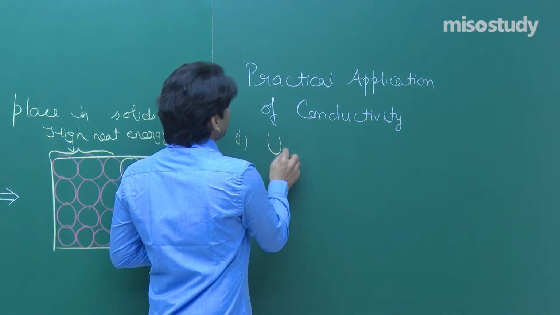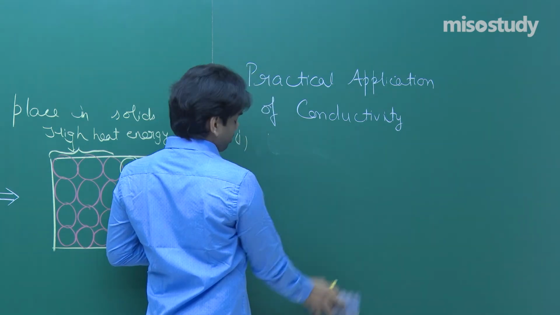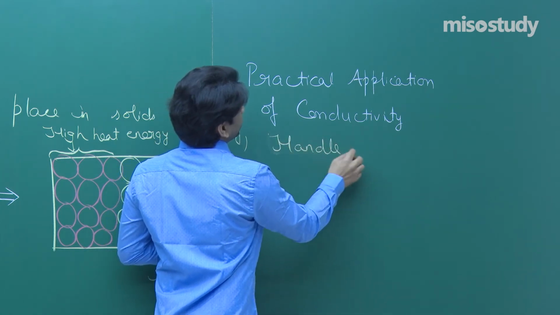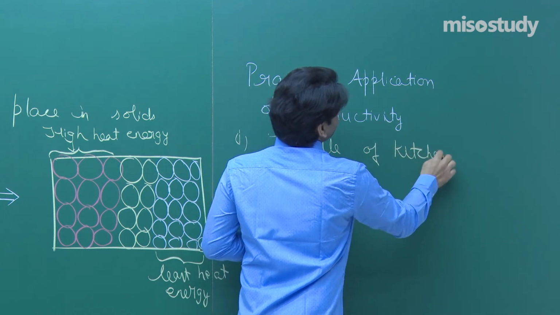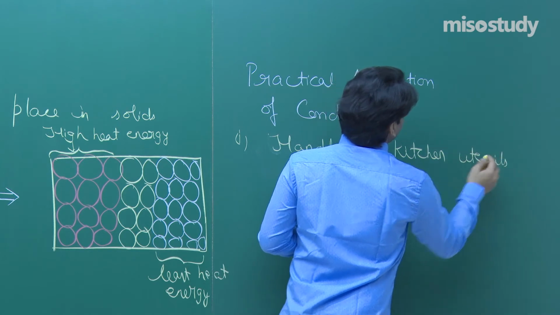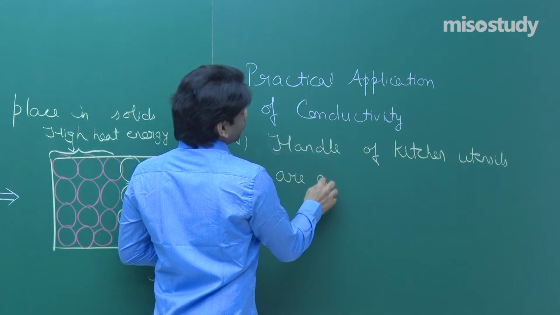Handles of kitchen utensils are made of wood. This is one of the practical applications.